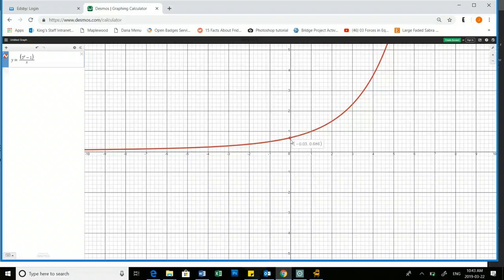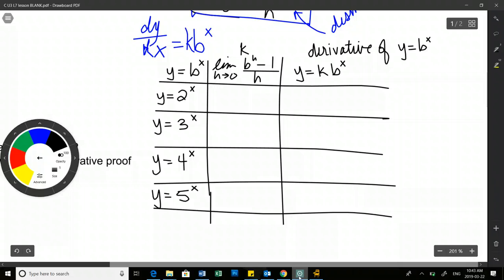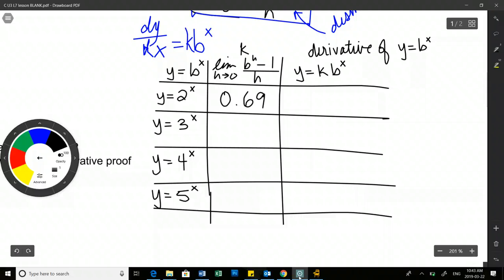When I get right on it, it's undefined, but it looks like it's going toward 0.686, if you guys can see that. The more precise value, we can just call it maybe 0.69. I think that's pretty close. So 0.69 is what we are approaching for this function when b is 2.